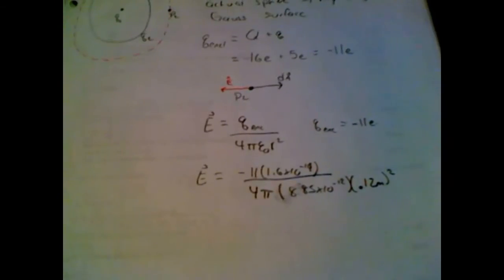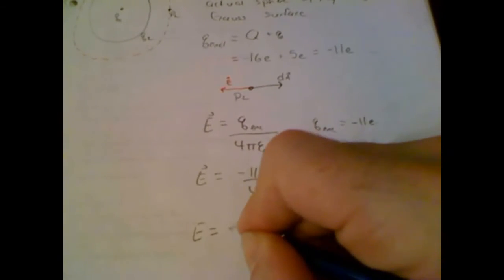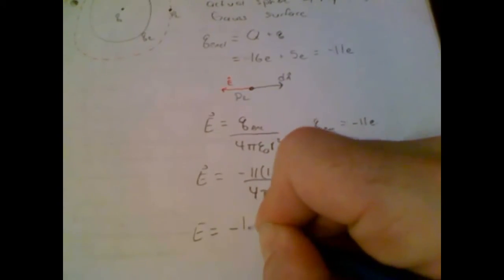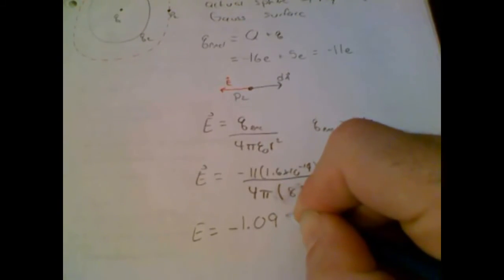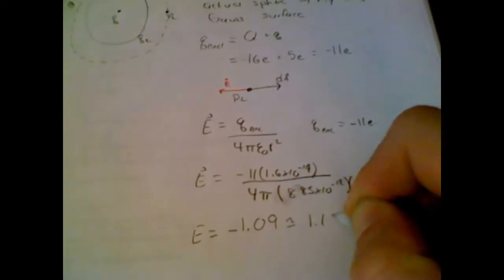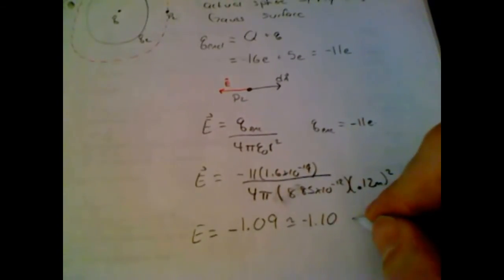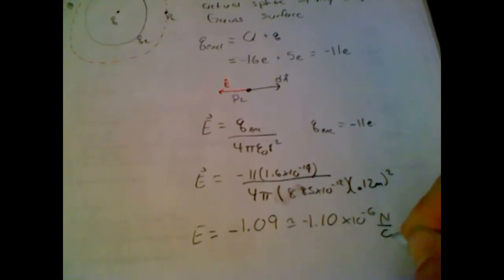Don't forget to square that. And when we throw all of that into the calculator, we get an electric field equal to negative 1.098, so negative 1.10 times 10 to the negative 6th newtons per coulomb.